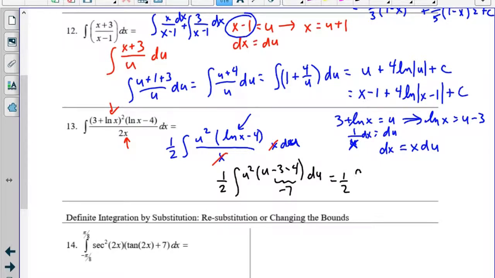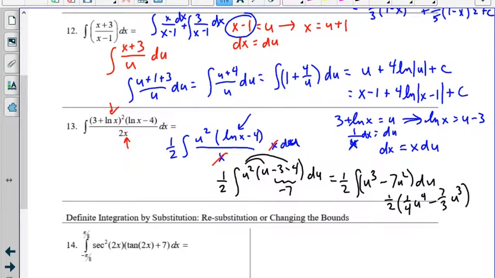So I end up with 1/2 times the integral of u cubed minus 7u squared after I distribute that in. And so now I take the integral of this, so I have 1/2 times 1/4 u to the 4th minus 7/3 u cubed plus c, and now I just have to replace the u's with 3 plus natural log of x.